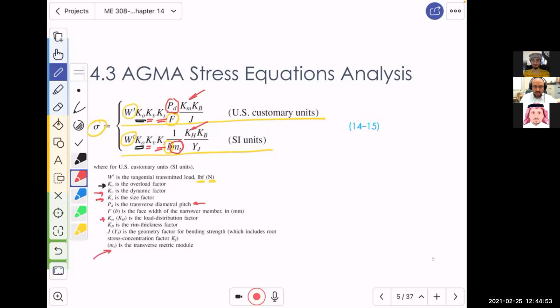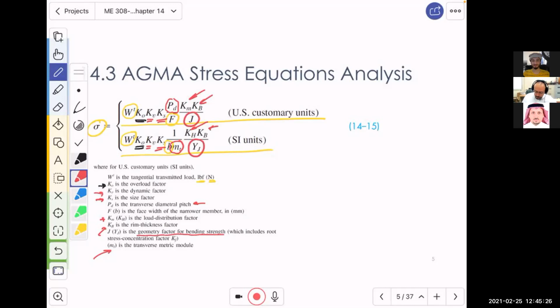So Km and Kh are the load distribution factor. One of them is for the metric, one of them is for the US. Then we have Kb, which is the rim thickness factor. The rim thickness is how much material is below the teeth, and we're going to talk about it. Then what do we have? We have J here and Yj, which are the geometry factor for bending strength.